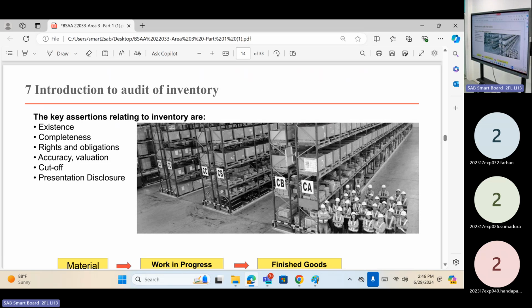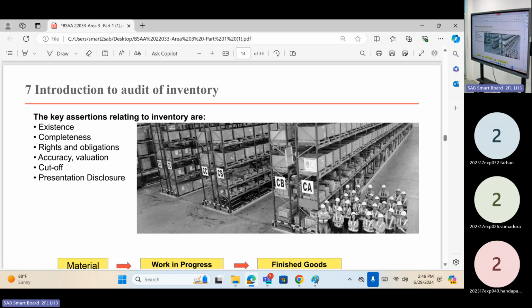And WIP: if you have a manufacturing process, you may have WIP. Some companies have a manufacturing process, but they don't have WIP. Why? What's the reason?